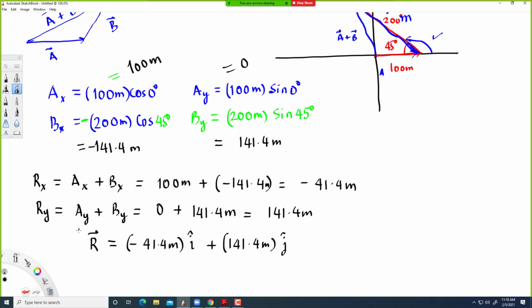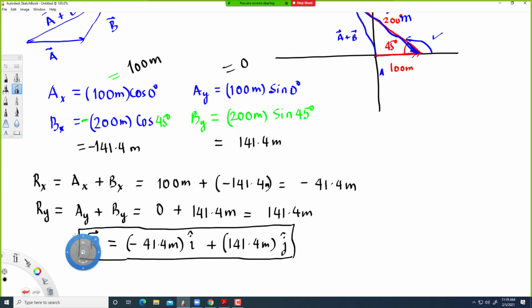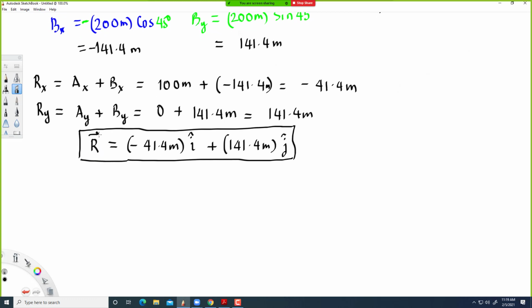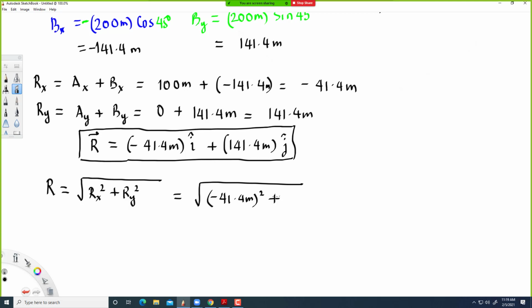You can write in this way, or alternatively, you can also write in magnitude form. To express in magnitude form, we can first find the resultant using the Pythagorean theorem. So Rx squared plus Ry squared. Rx is negative 41.4 squared plus Ry is 141.4 squared.